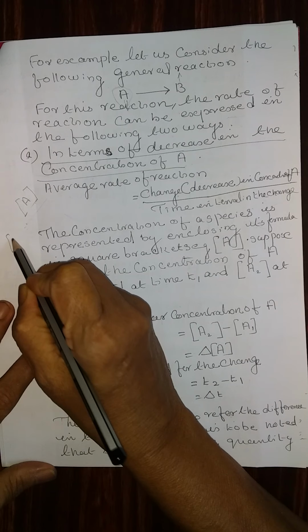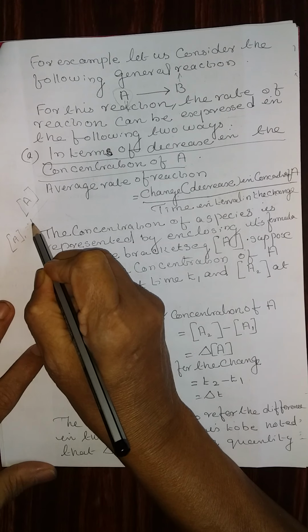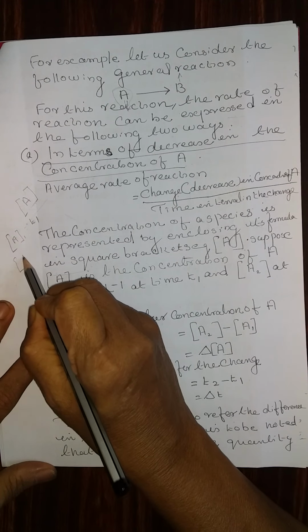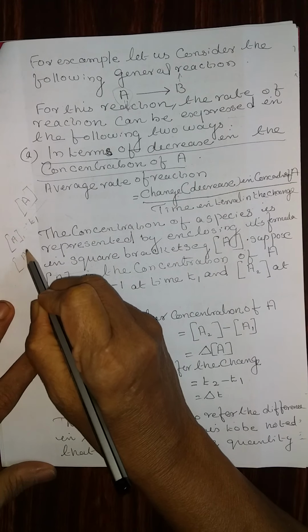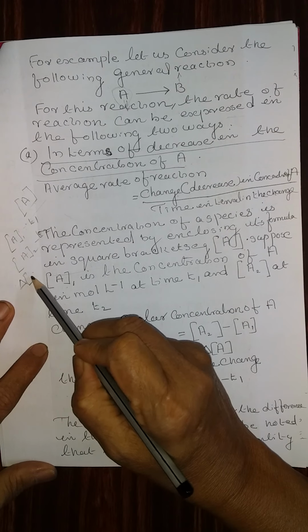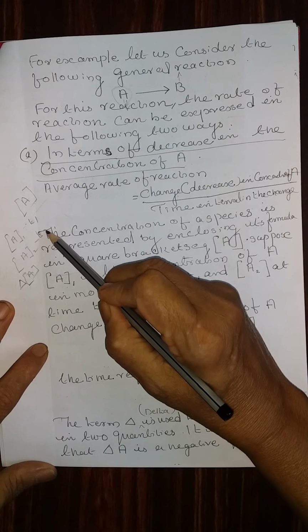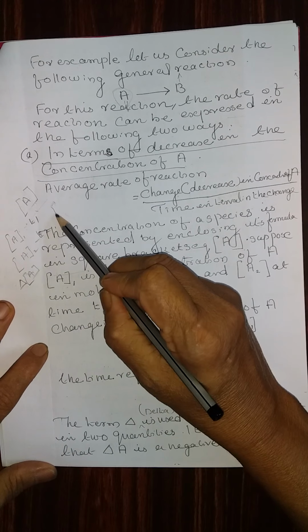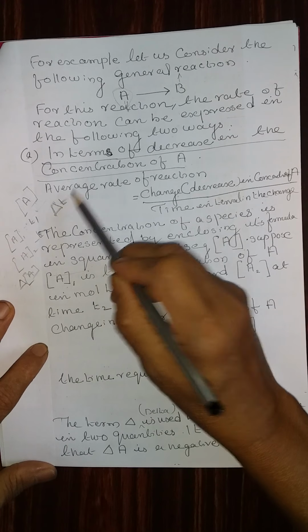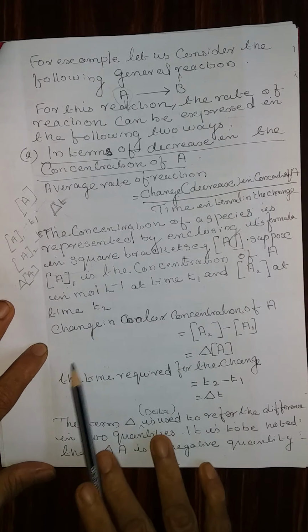Let A1 be the concentration at T1 and A2 be the concentration at T2. The difference A2 minus A1 is known as delta A and T2 minus T1 is known as delta T. That is what we are going to explain here.